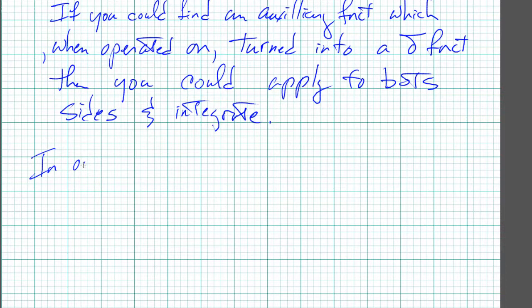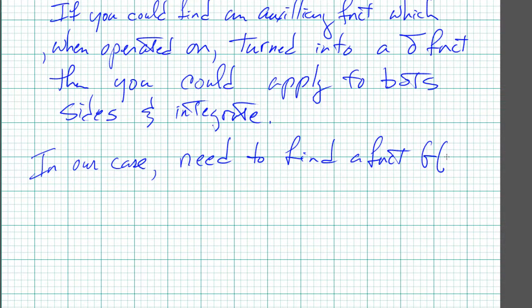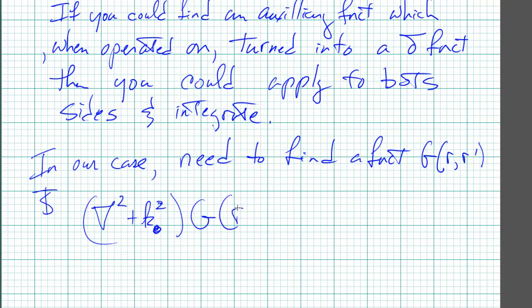So in our case, we need to find a function g of r and r prime such that del squared plus k naught squared operated on by g of r and r prime equals delta of r prime.